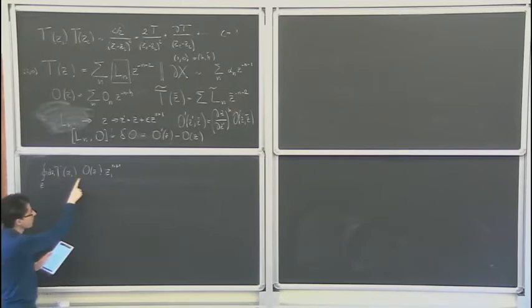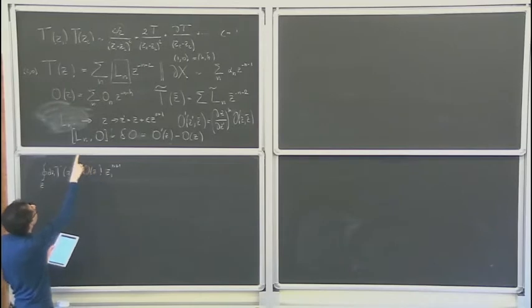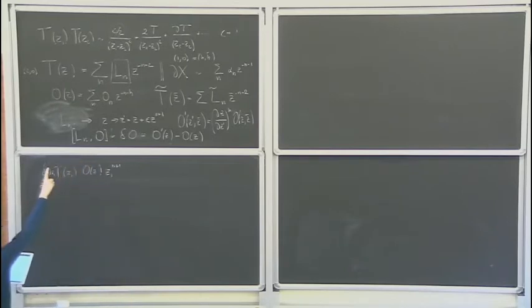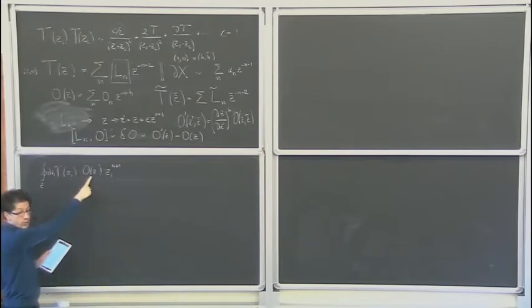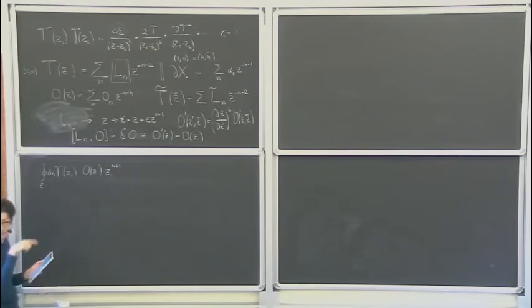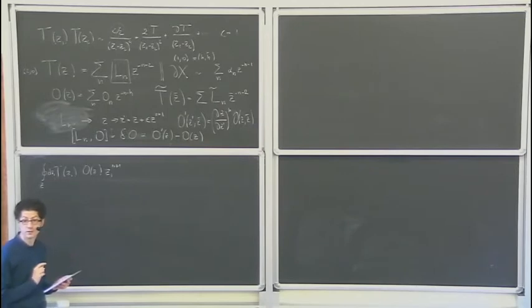Then at this point, you can use the OPE between T and O, the definition of primary operator. And then you can use Cauchy theorem. This is a page of calculation, half page and half page, and you can see that the two things are the same. Very good. Any question about the exercise?